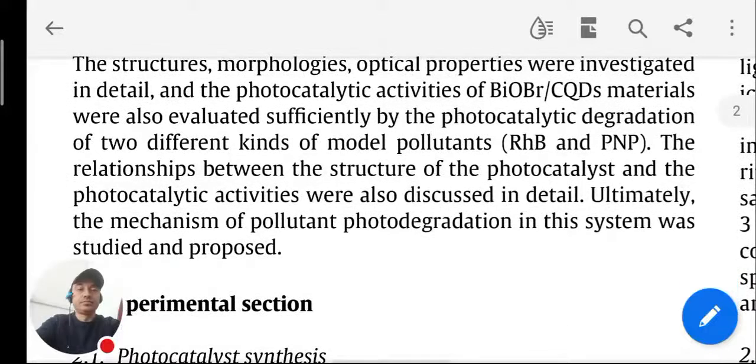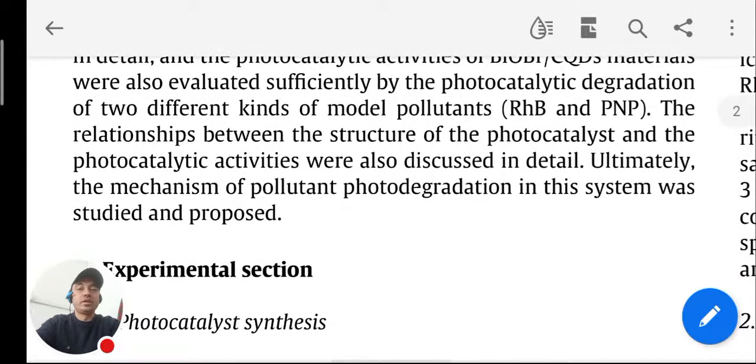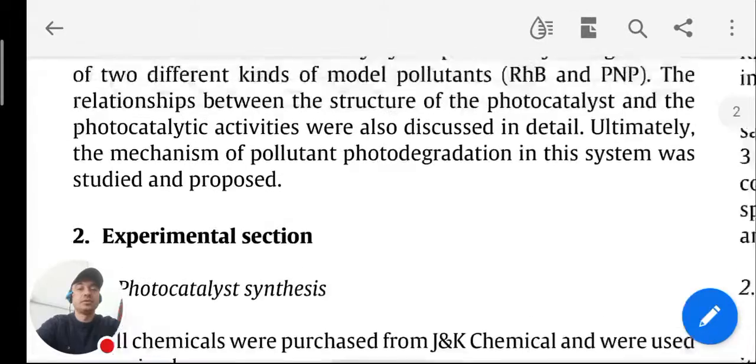The relationship between the structure of the photocatalyst and the photocatalytic activities was also discussed in detail. Ultimately, the mechanism of pollutant degradation in the system was studied.